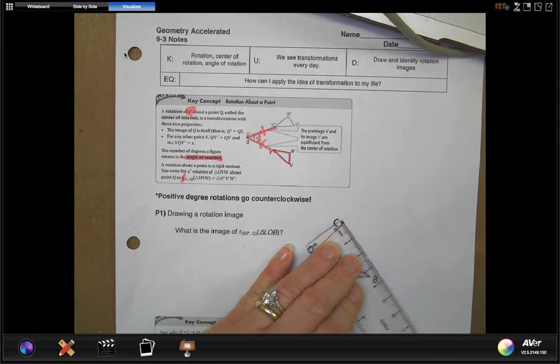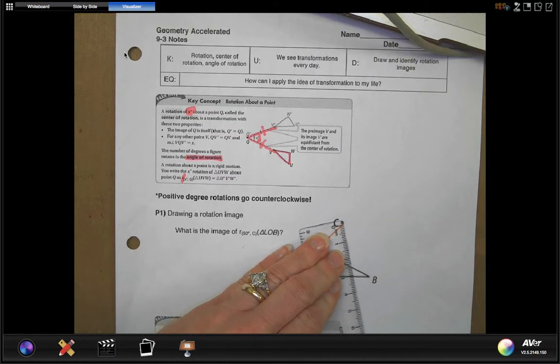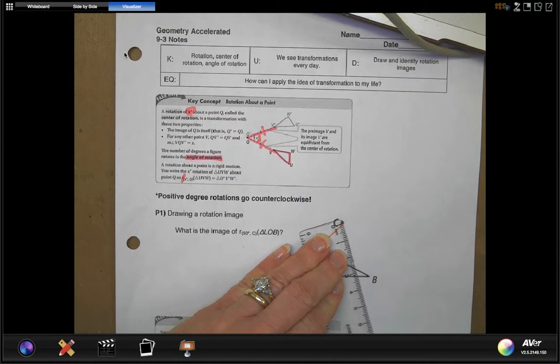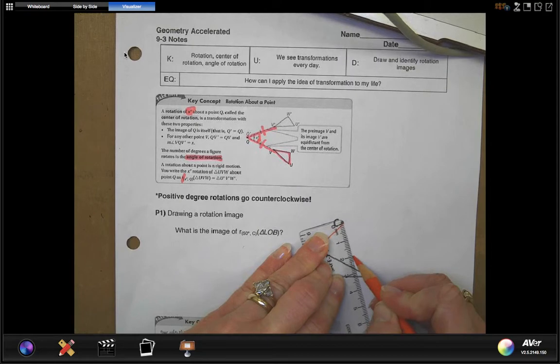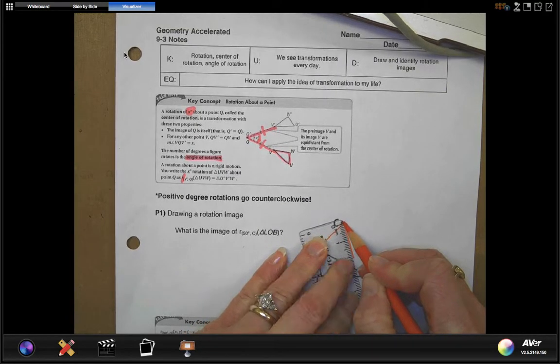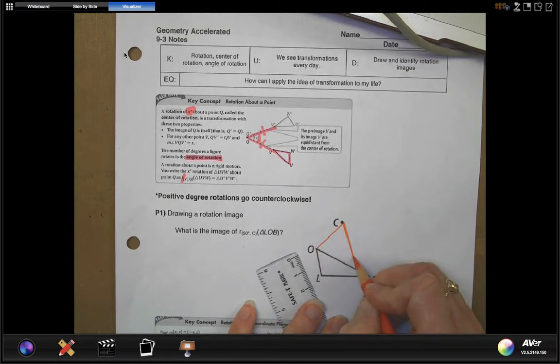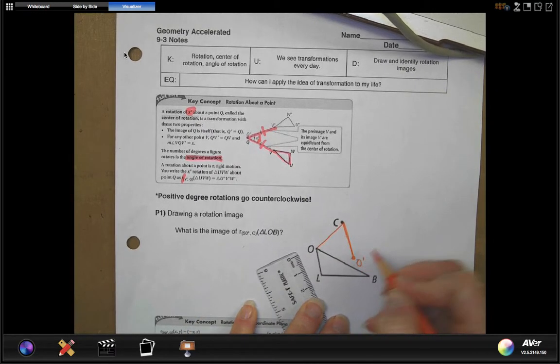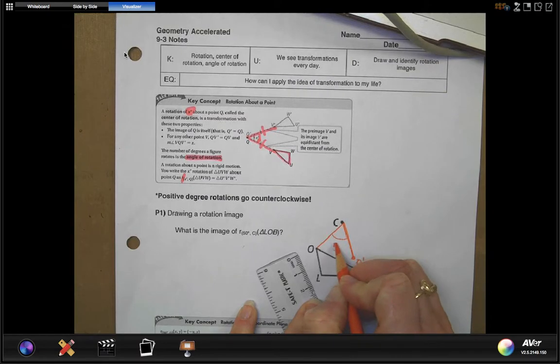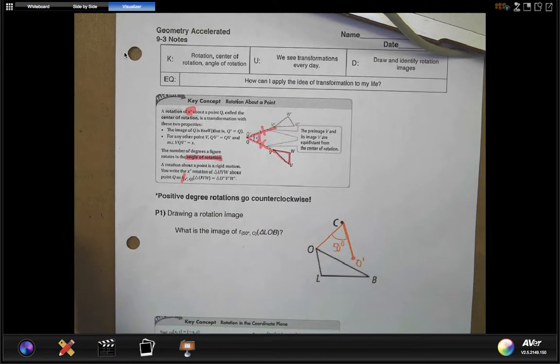We're just guessing here, but I want to make that distance the same, 2.1. So then this would be my O prime. Again, this angle in here is my 50-degree angle.